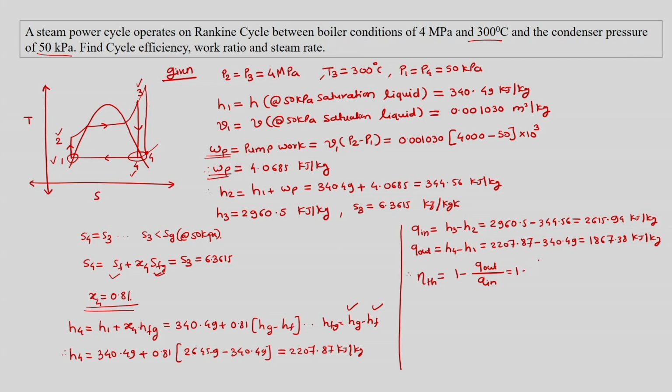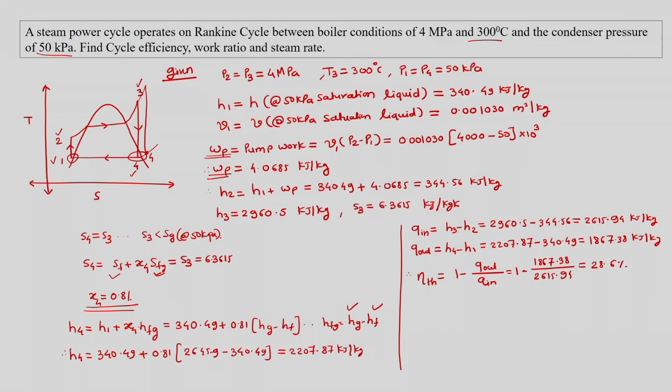So it is 1 minus 1867.38 divided by 2615.94, and this gives us efficiency as 28.6%. We can also find out turbine work, and turbine work is H3 minus H4.